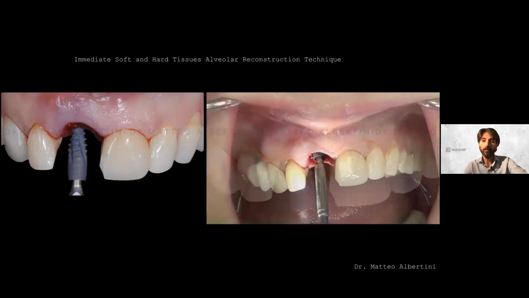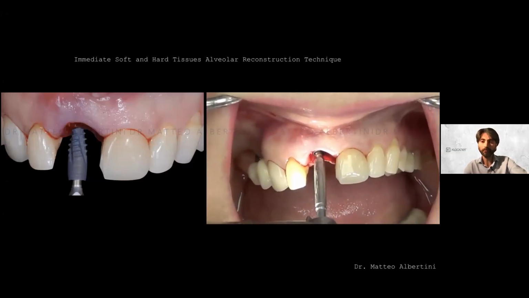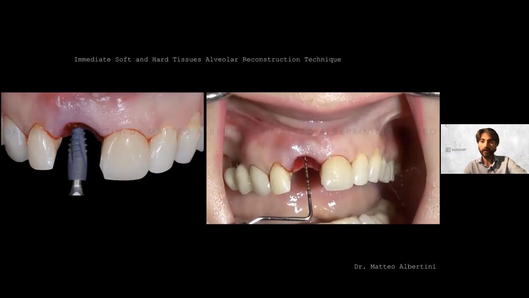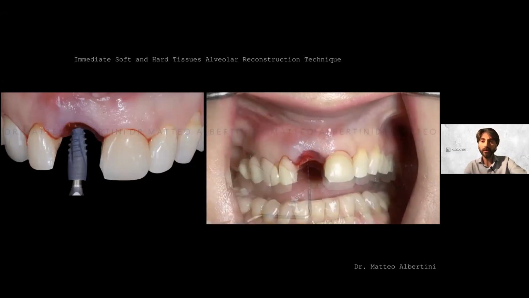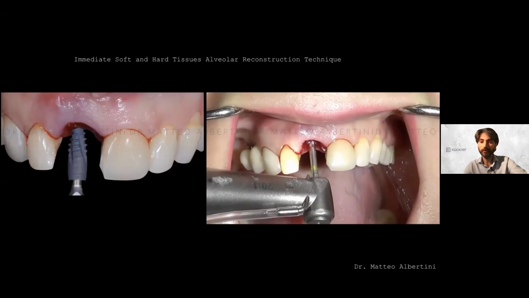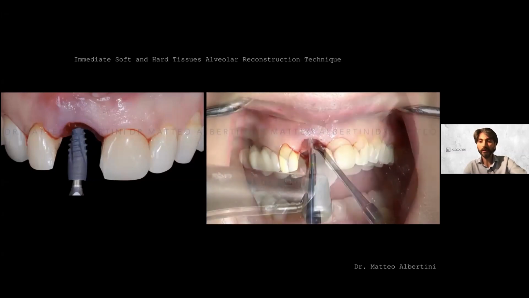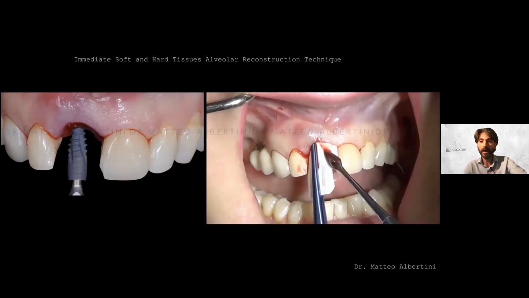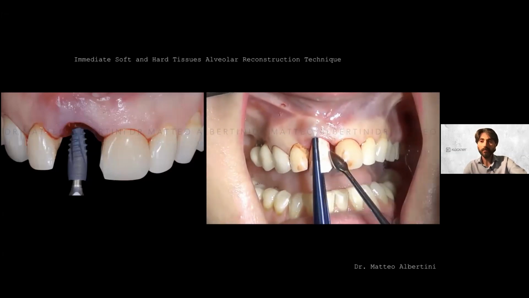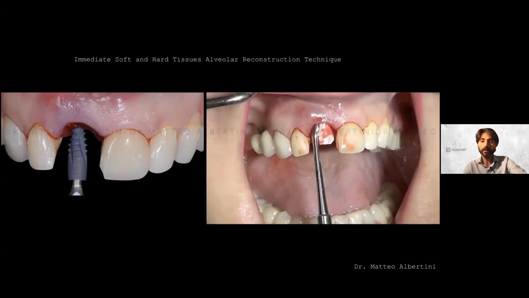This is a Vega Plus implant, and we have to check 3 millimeter distance between the implant shoulder and the gingival margin. Then we put a healing screw, 2 millimeter of height, and we insert the membrane. In this case, it was very, very easy. So we didn't put sutures.